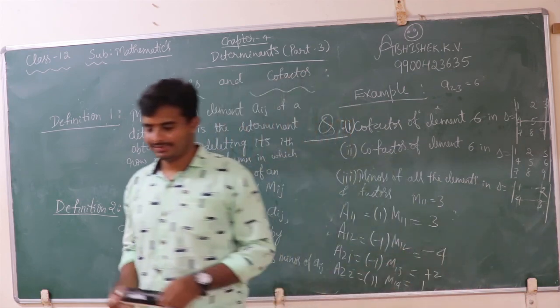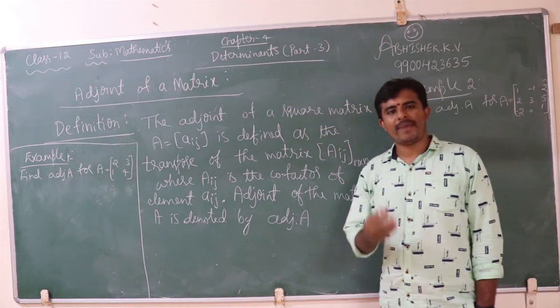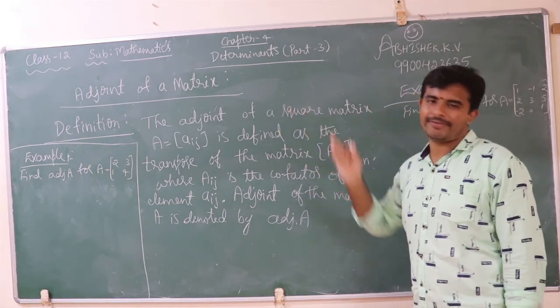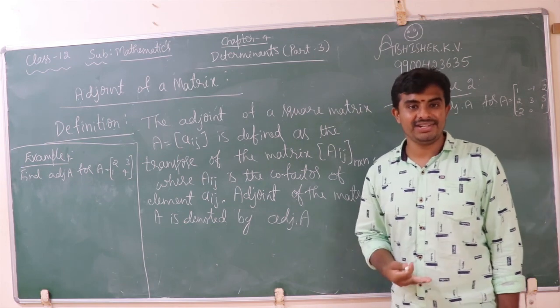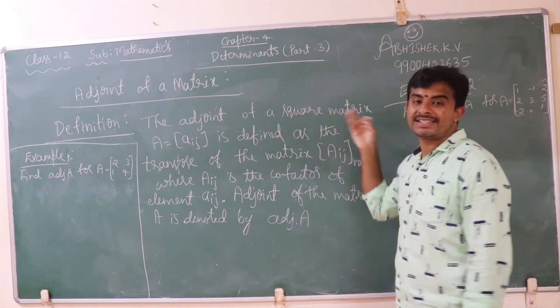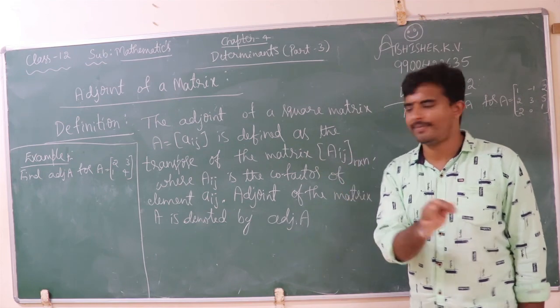Please note down. After discussing the minor and cofactor, the next important tool is the adjoint of a matrix. What is the definition of the adjoint of a matrix? To define the adjoint, we need a square matrix.